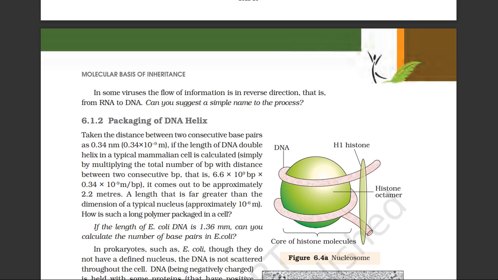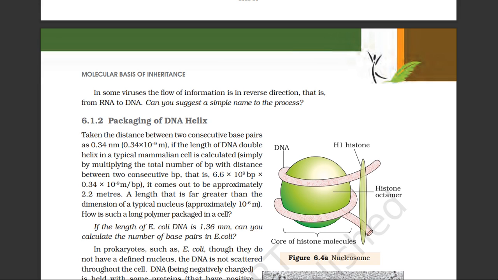6.1.2 Packaging of DNA helix. Taking the distance between two consecutive base pairs as 0.34 nanometer, that is 0.34 times 10 to the power minus 9 m, if the length of DNA double helix in a typical mammalian cell is calculated simply by multiplying the total number of BP with the distance between two consecutive BP, that is, 6.6 times 10^9 BP times 0.34 times 10^-9 m/bp, it comes out to be approximately 2.2 meters.